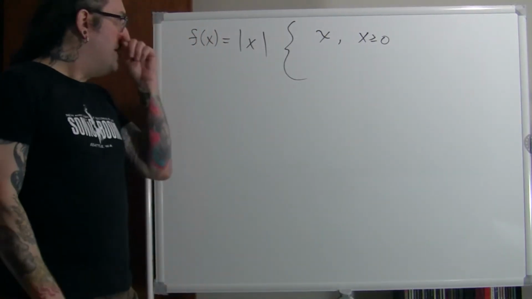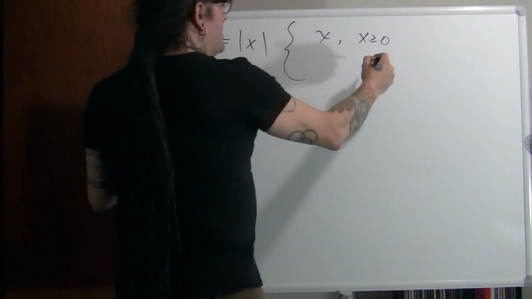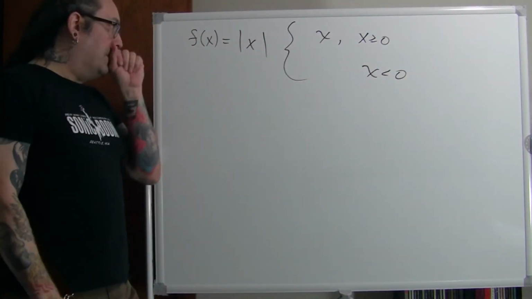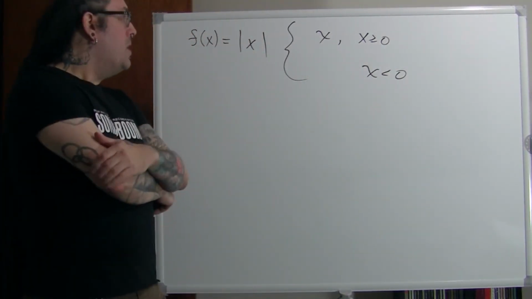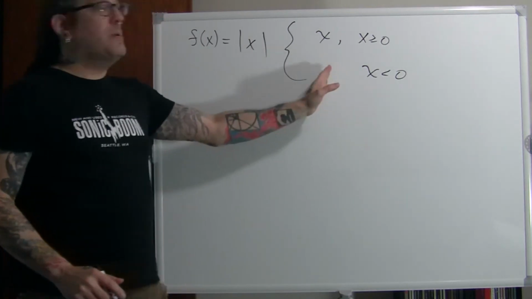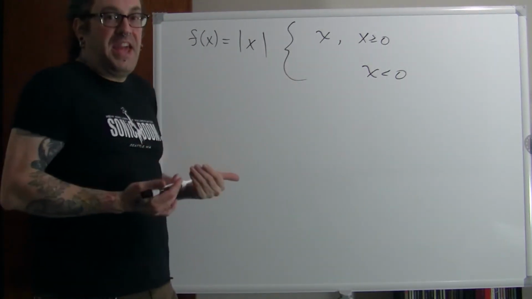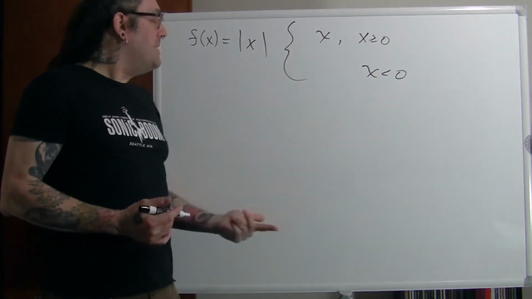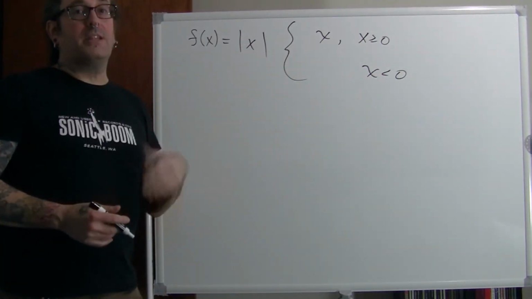Right? And now the only other case to cover all numbers is for x less than 0. When x is less than 0 is where we actually have to come up with some sort of thing to make a negative number, which is what x less than 0 is telling us, into a positive number.